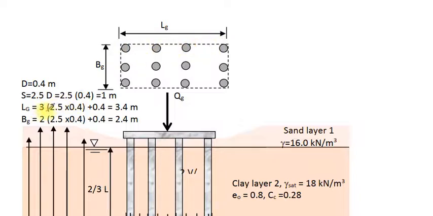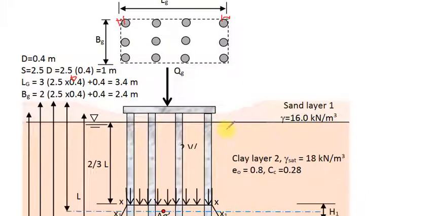Now 3 times 2.5, because every space is 2.5 d, d being the diameter of pile, plus 0.2 half pile from this side and 0.2 meter from this side. The length of the group equals 3.4 meter and the width equals 2.4 meter. Always the width is the shortest dimension.